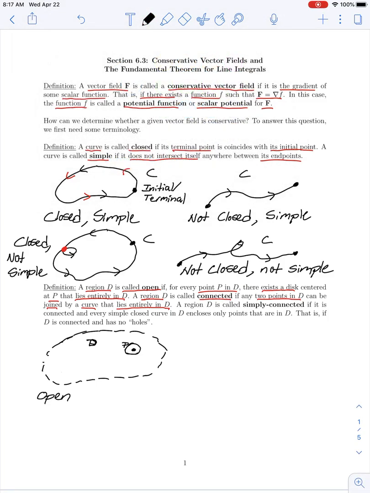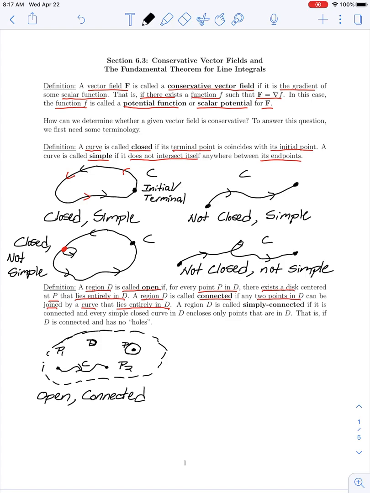If we were to consider 2 points in this region D, let's call them P1 and P2, there is a curve C which connects those 2 points that lies entirely within our region D. So this would be an open connected region.